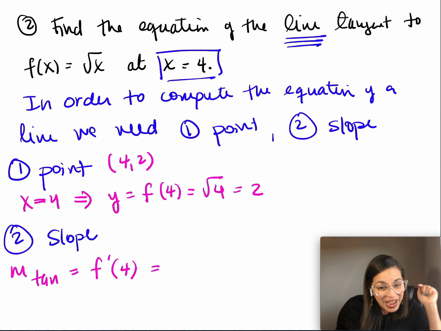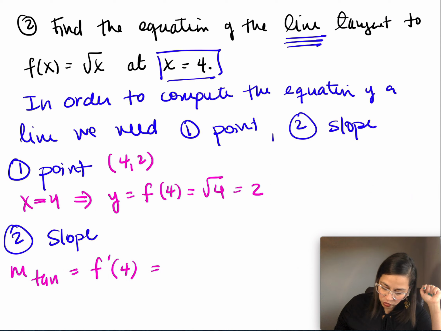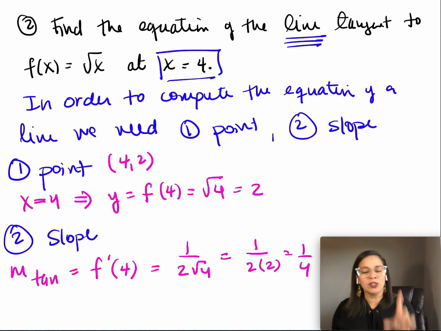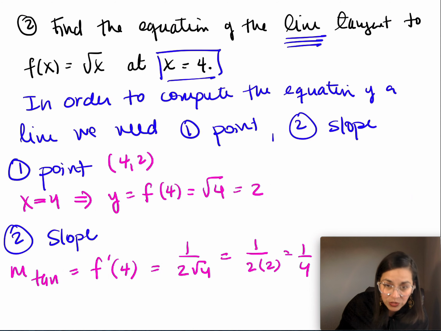Well, we know what f prime of x is. f prime of x is equal to 1 over 2 root of x. So if I want f prime of 4, then I just have to do 1 over 2 times root of 4, okay? So this is just 1 over 2 root of 4, and this is equal to 1 over 2 times 2. We get 1 over 4. So the slope of the tangent line is equal to 1 over 4. So what I'm saying is that, let me just draw it real quick here.